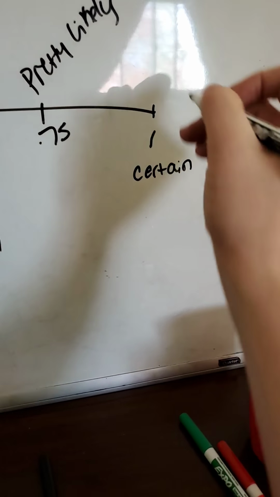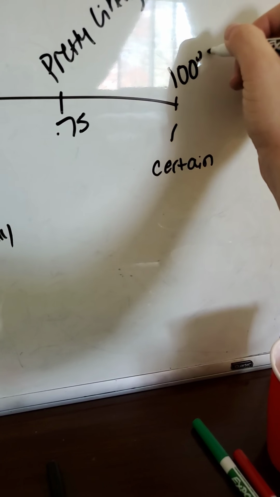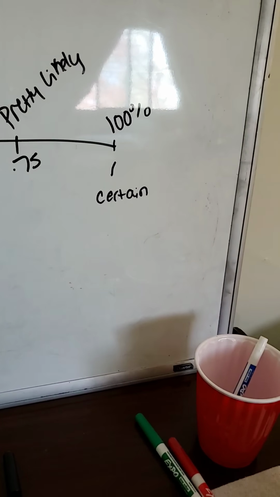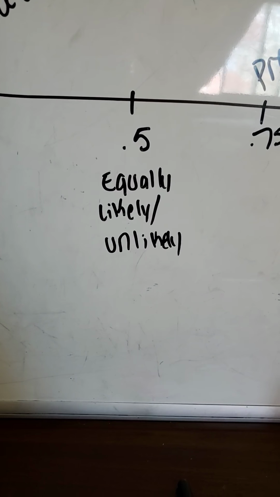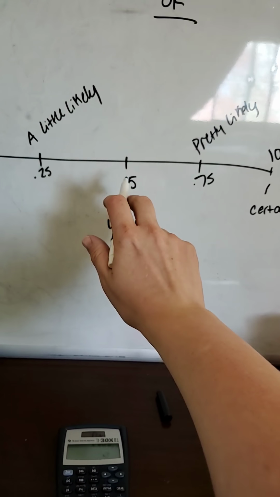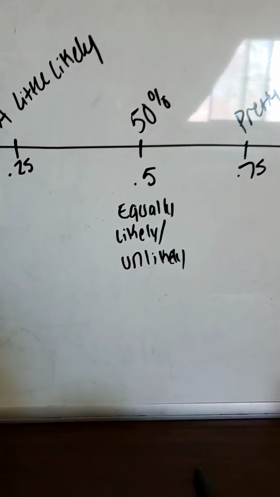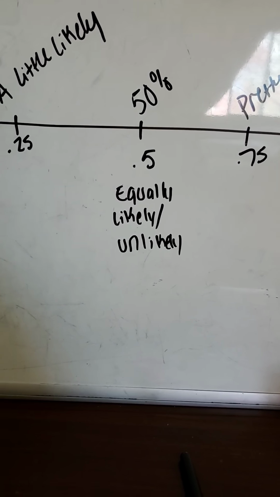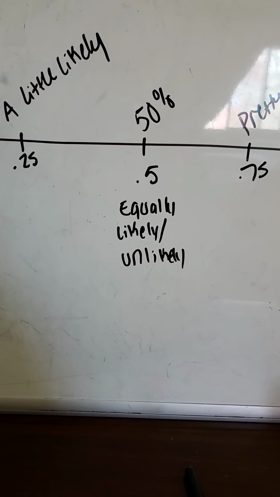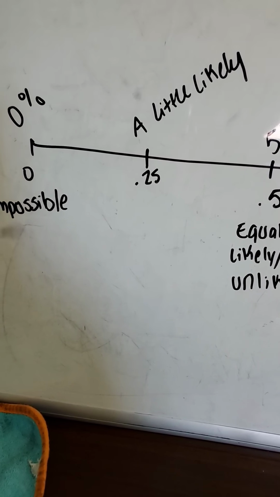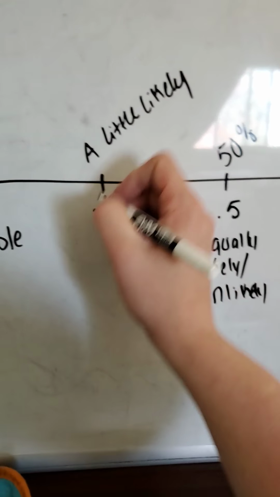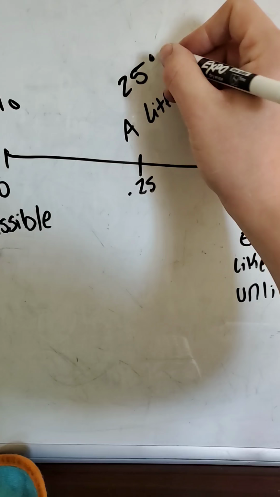And 1 means it's certain, or 100% chance that something will happen. 0.5, right in the middle, is a 50% chance of something happening, which is equally likely as unlikely. 0.25 meant it was kind of likely, right? This is a 25% chance something will happen.